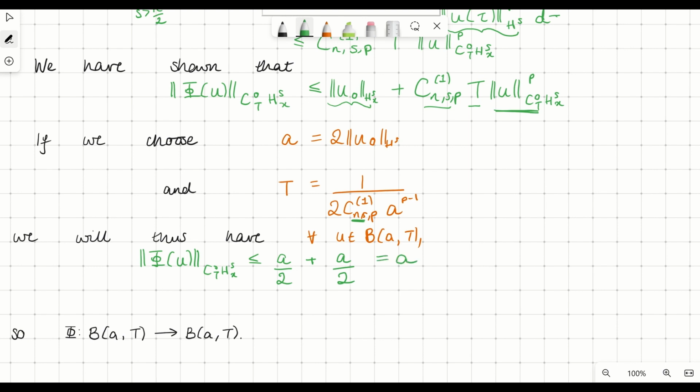So just a. So indeed, whenever u has norm less than or equal to a, Φ(u) has norm less than or equal to a, and so Φ maps this ball B_{a,T} to itself.